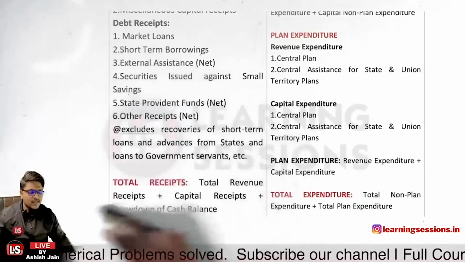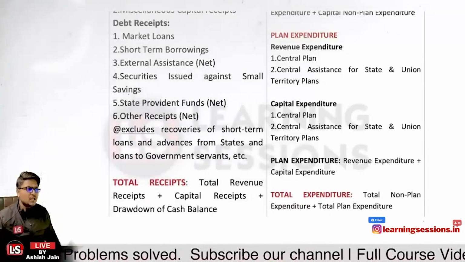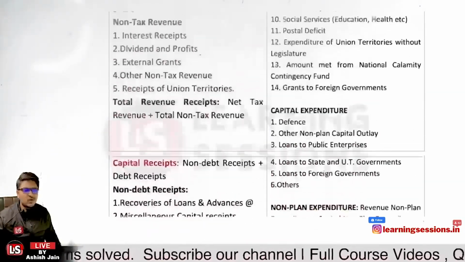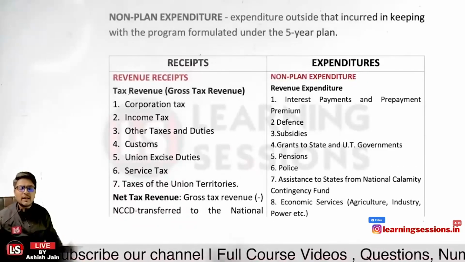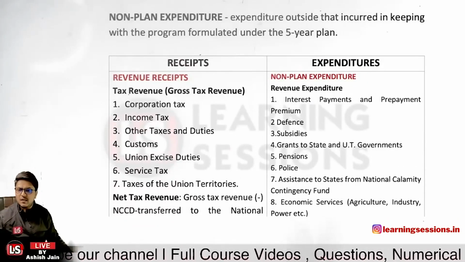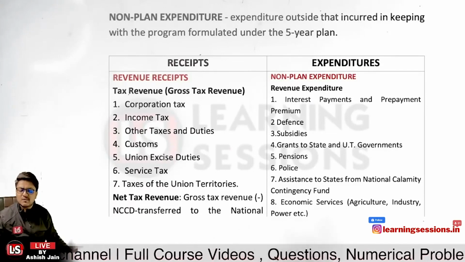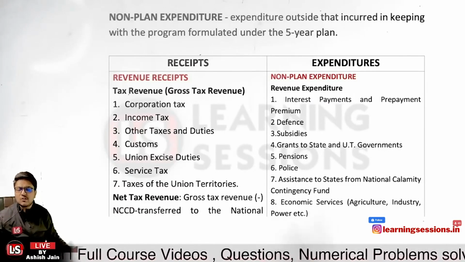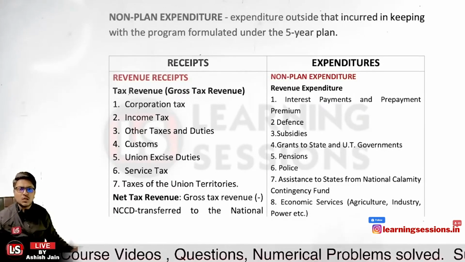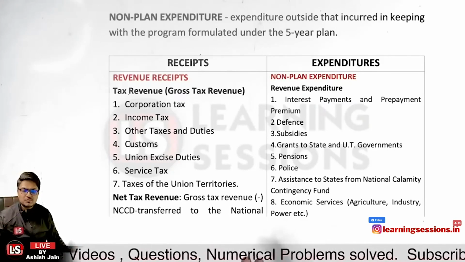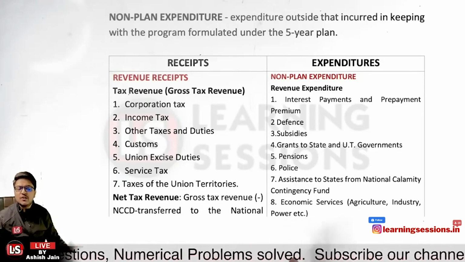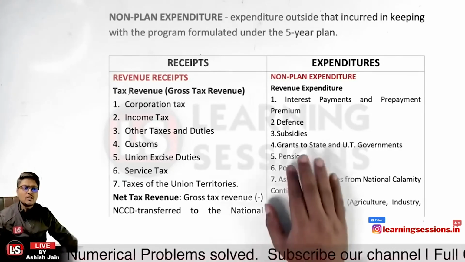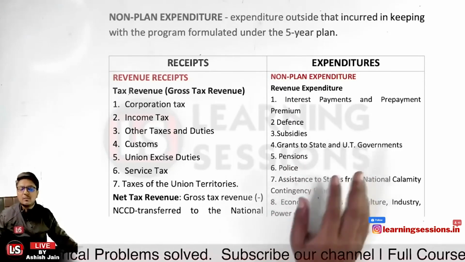Now let us have a look at the expenditure side over here. So in the case of the expenditure side, we will be covering it as the non-planned expenditure and the planned expenditure. First of all, we will be covering the components related to the revenue expenditure. That is for the day-to-day expenses of the government departments. Okay, so interest payment or prepayment of the loan itself.